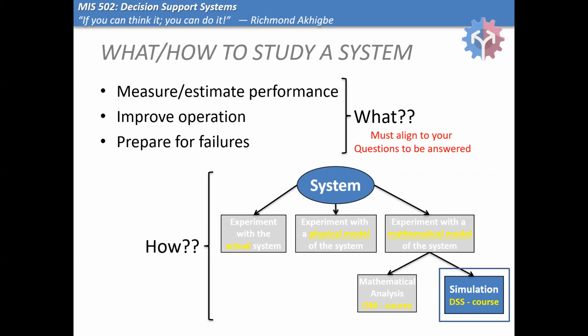Now, the first one is always going to be there with us. What measures of performance, what are we trying to measure, or how are we trying to estimate the performance? Now, can you link this to our discussion on the previous slide? How can we measure performance?